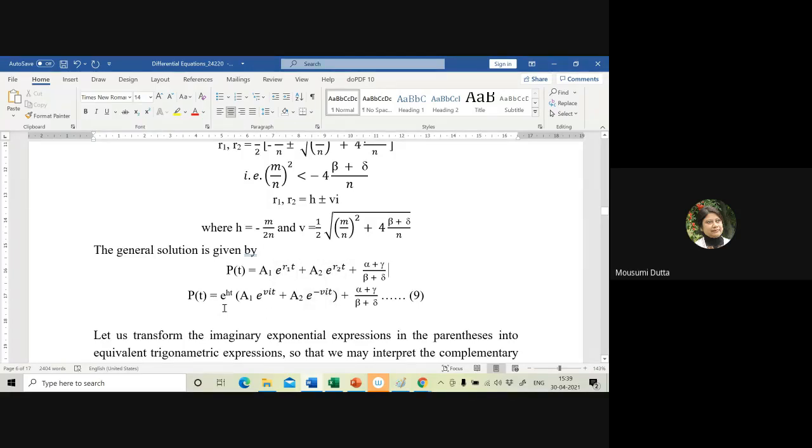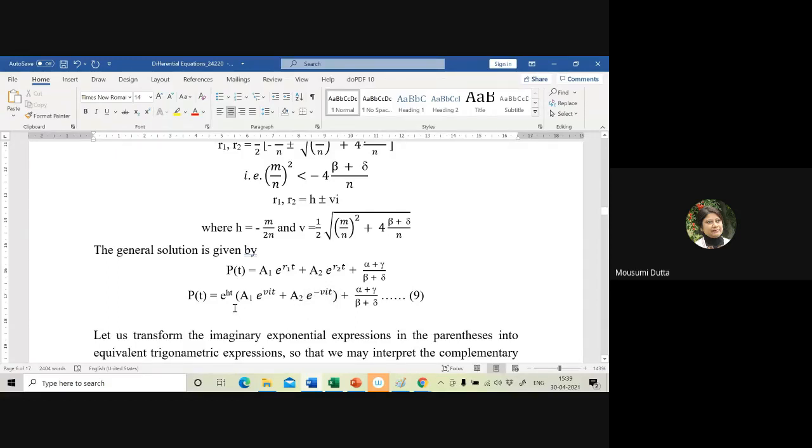If you multiply the first term with e to the power ht, it becomes a1 e to the power ht plus vit. If you multiply e to the power ht with the second term, it becomes a2 e to the power ht minus vit. I hope you are understanding.